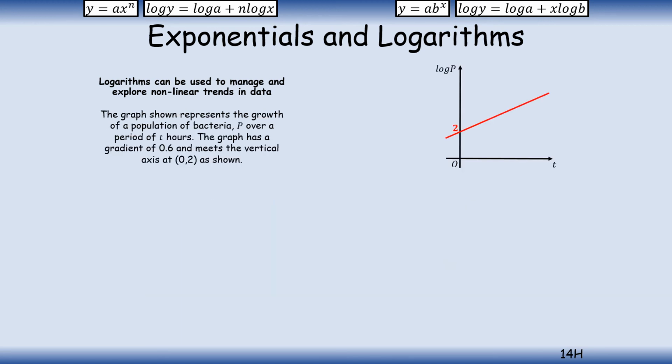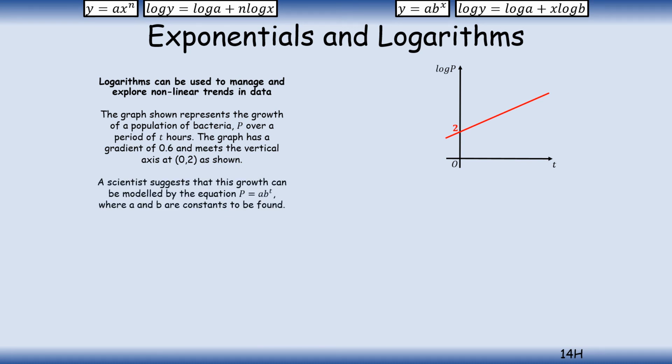This time, we'll look at this example here. The graph shows the growth of a population of bacteria P over a period of time t, and we are told the gradient is 0.6, and it cuts the log P axis at 2.